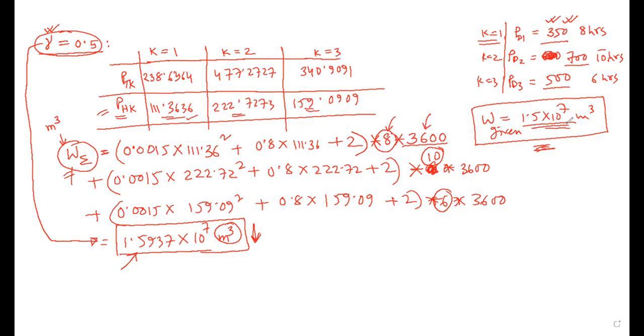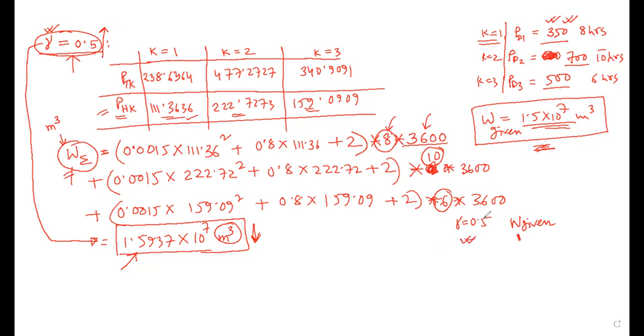Again, we'll take another gamma value which should be higher than 0.5, and it should be such a high value that when we calculate the W with that new gamma value, the calculated W becomes less than W given.